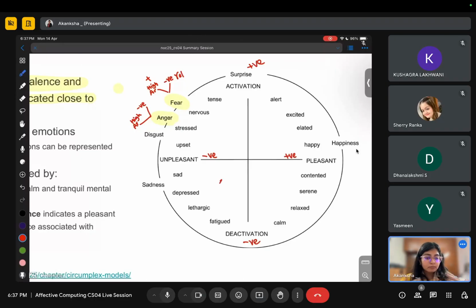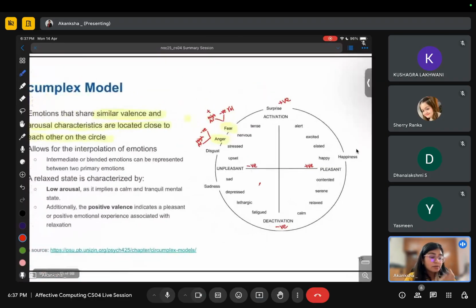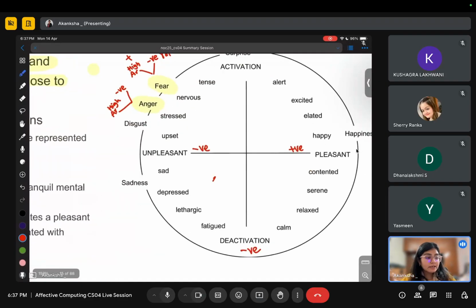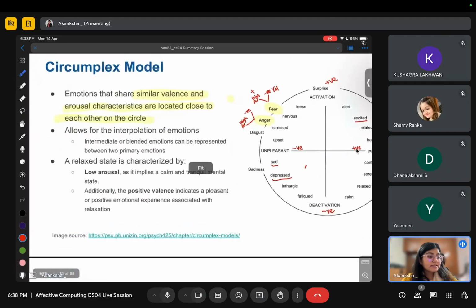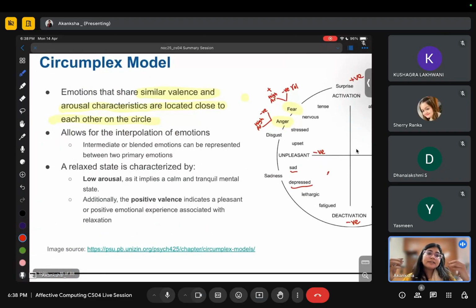That is how we model our different emotions. You can also see more examples. Also, if you look at it, two very similar emotions lie very close to each other, and some emotions which are very different, they lie on the opposite spectrum, opposite quadrants. Okay, so this is, you can say, an intuitive method to represent emotions.